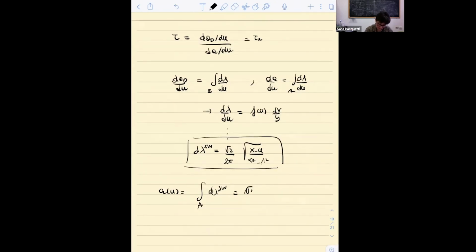This is basic complex analysis. So you can write this as an integral between lambda square and minus lambda square. And similarly, you can calculate A dual as an integral going from lambda square to u.